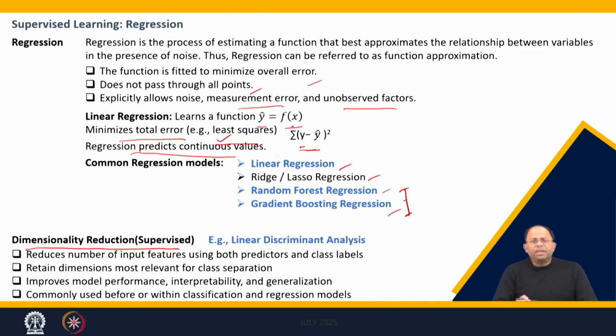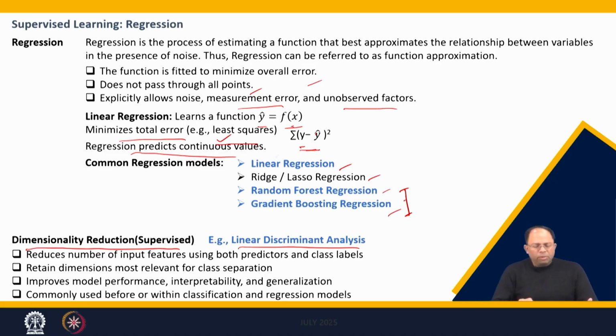Now dimensionality reduction is basically LDA, linear discriminant analysis. This is one example of it. What it does is it reduces the number of input features using both the predictors and the class labels. What it means is it retains the dimensions which are most relevant for class prediction or class separation. So unnecessary features will be removed, and if you remove those, it improves the model performance, interpretability, and also helps us to generalize the model.